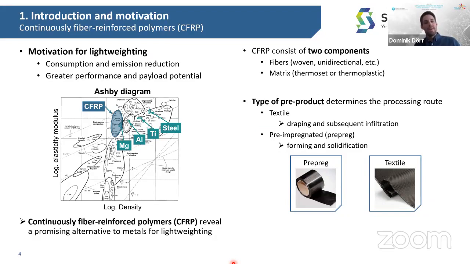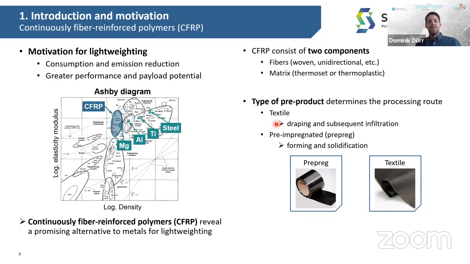The pre-product can be on the one side a textile, as we can see down here. It can also be a woven fabric or a unidirectional fiber system, and this is usually used in a first draping process and a subsequent infiltration process to achieve our final part. So this is one type of pre-product.